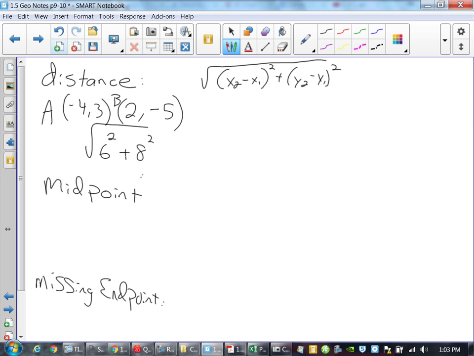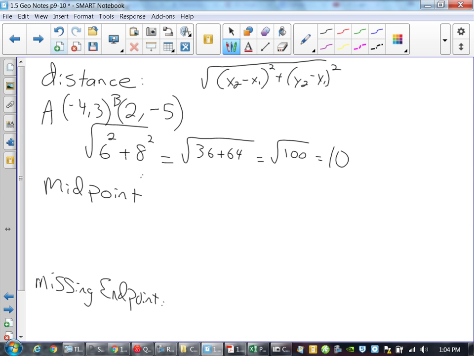And I know that I'd have to take the square root of that when I'm done. So let's see, that's 36. What's 36 and 64? What's the square root of 100? 10. So how far apart are they? 10. That's it. Their distance is 10.